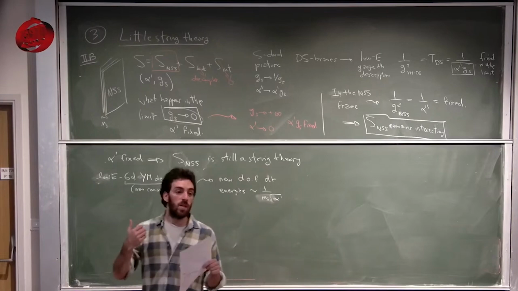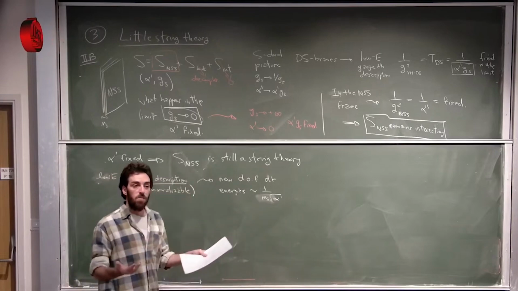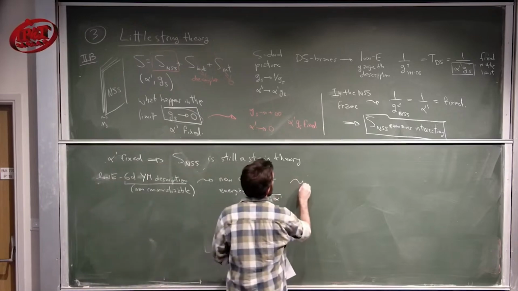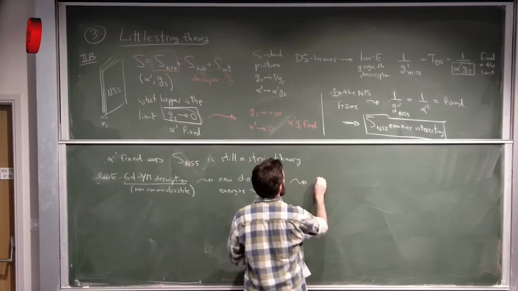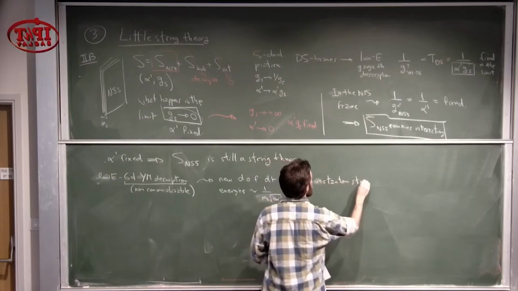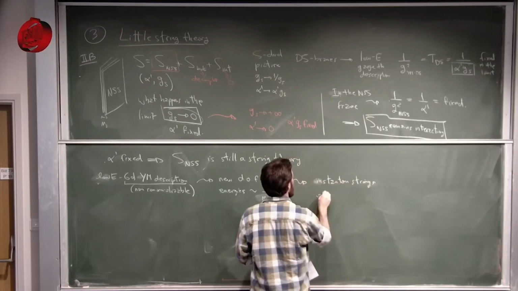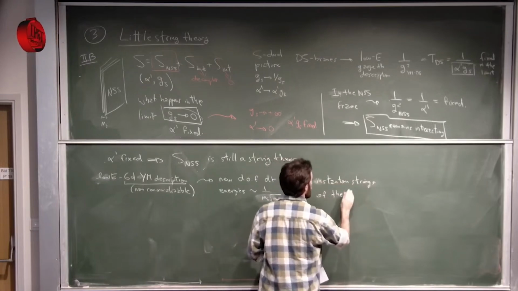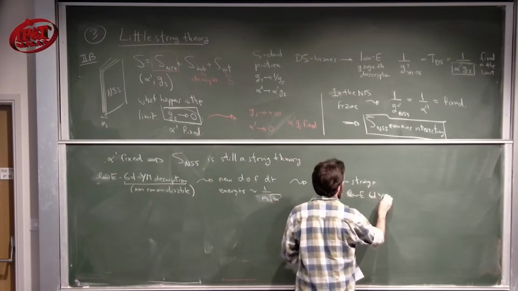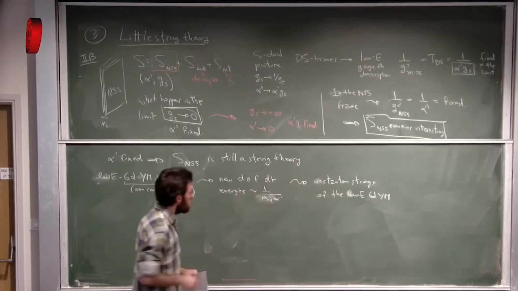But because you are in 6D, instantons are string-like objects. They have one dimension, right? So these are the instanton strings of the low energy 6D Yang-Mills theory. How do you know that?